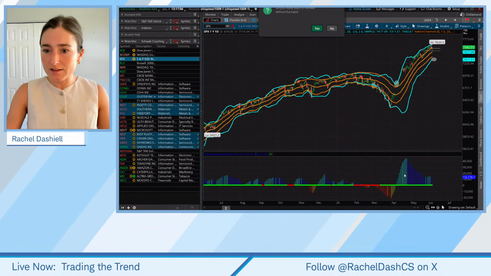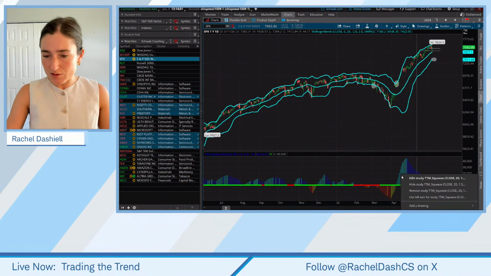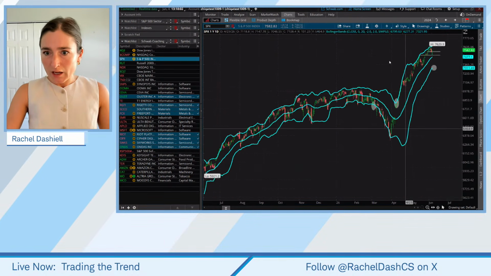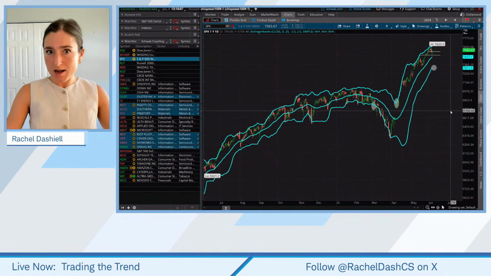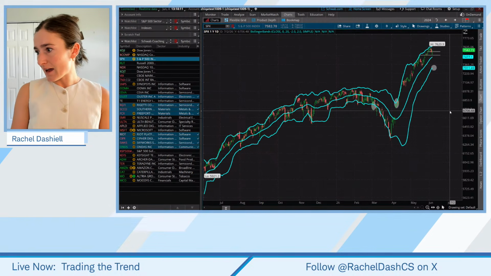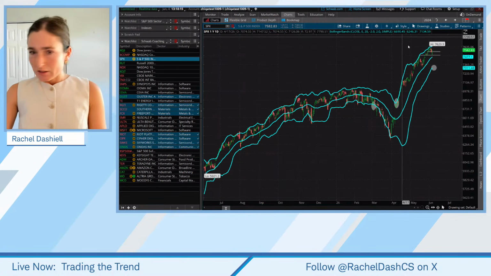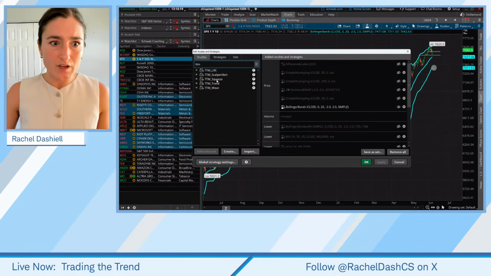So I'm going to remove that study and I'm going to remove the TTM squeeze as well. And we are going to actually build a scan next, but I want to double check if you guys have any questions here. Okay. And let's take a look at the TTM again, because I see some questions around there.